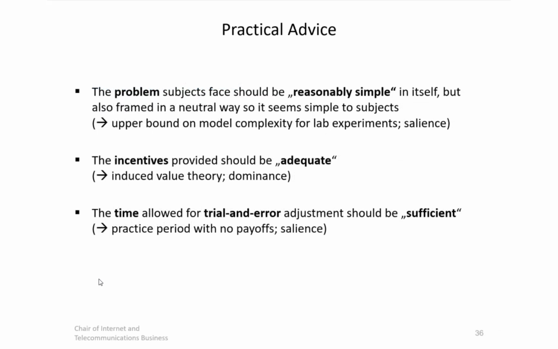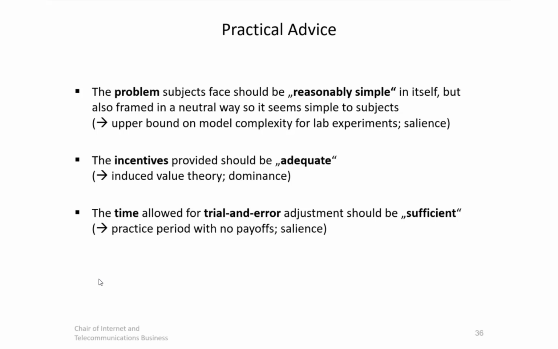Okay. Some more practical advice. The problems subjects face should be reasonably simple, otherwise they'll be confused and they won't focus on what you're trying to get them to do. But also framed in a neutral way so it seems simple to subjects. There has to be an upper bound on model complexity for lab experiments, and this comes from the salience element.